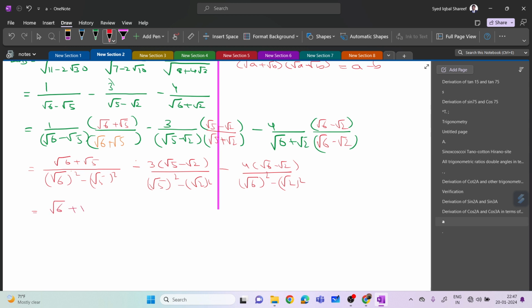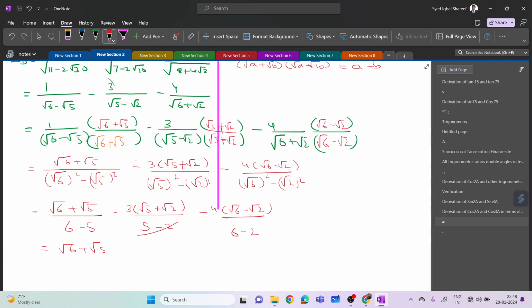Here root and power are getting cancelled. 6 minus 5 is 1, so root 6 plus root 5.